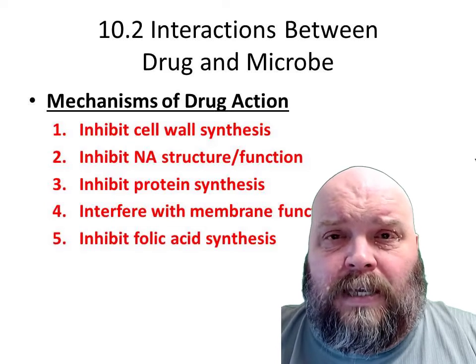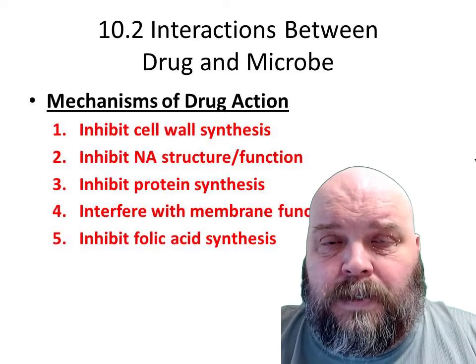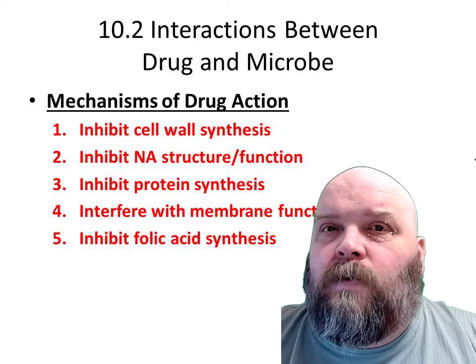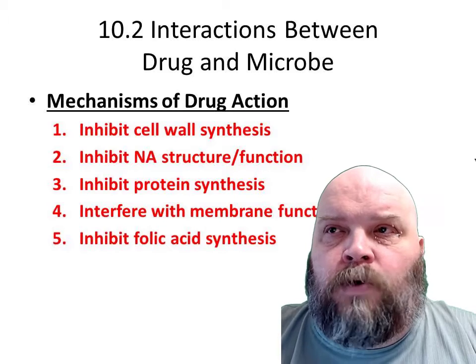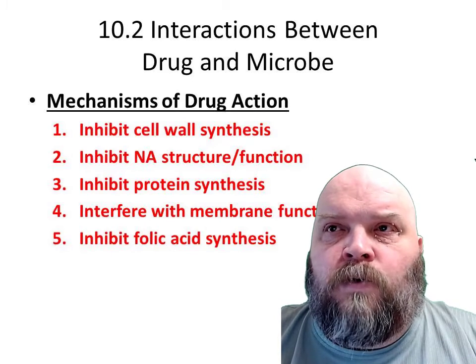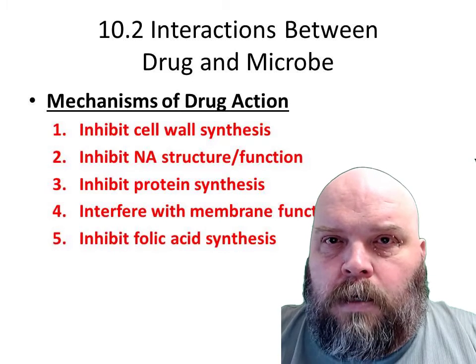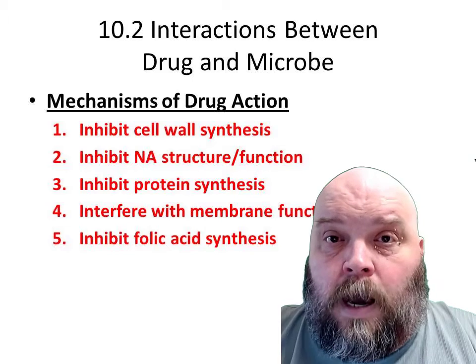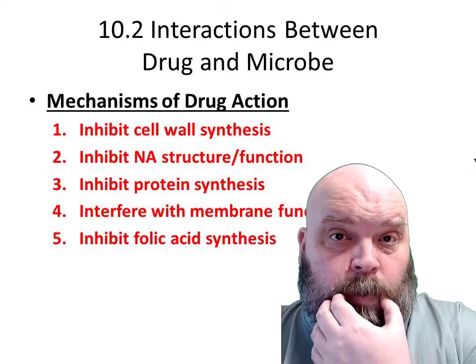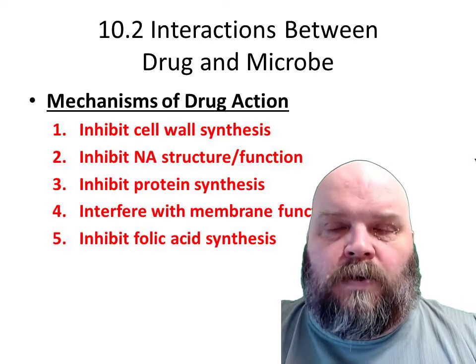Third, you inhibit protein synthesis. Have something that targets ribosomes. This is a great one for bacteria. Prokaryotic ribosomes resemble eukaryotic ones, but they're smaller and less complex. They don't have as many parts as ours do. So you can interfere with protein synthesis, gum up the works in the ribosome.